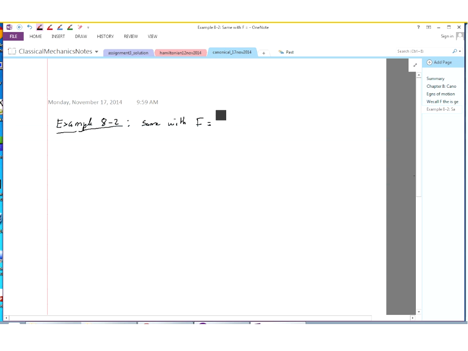The function f will be given by the sum over i of little qi, capital Pi.